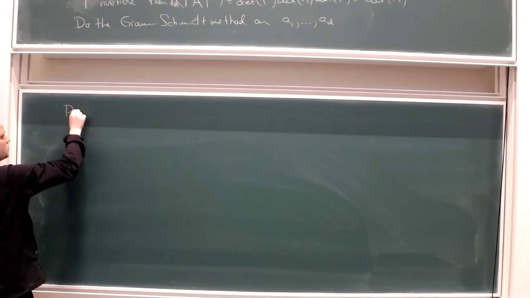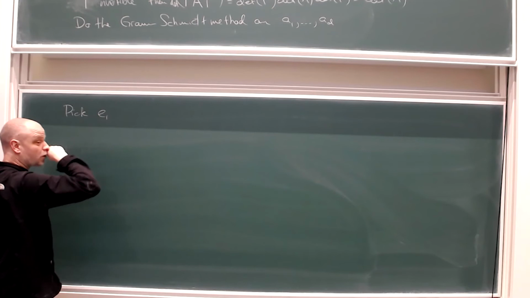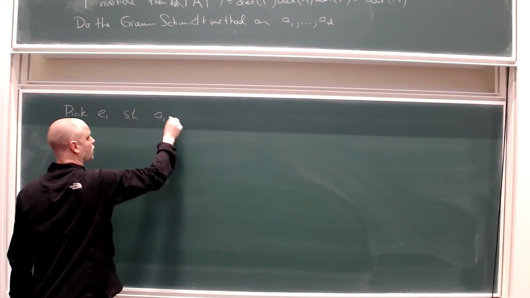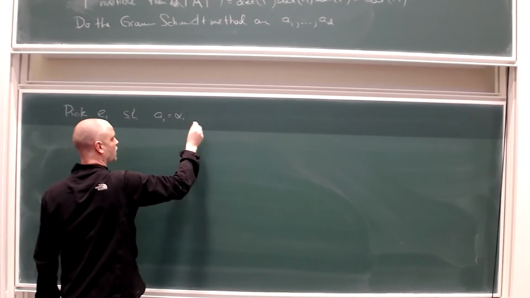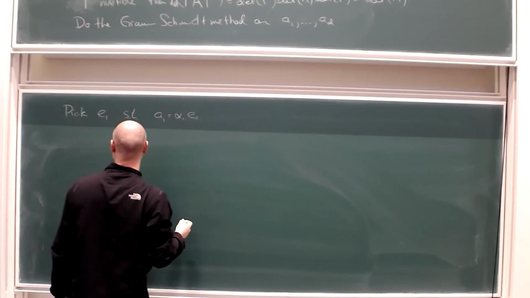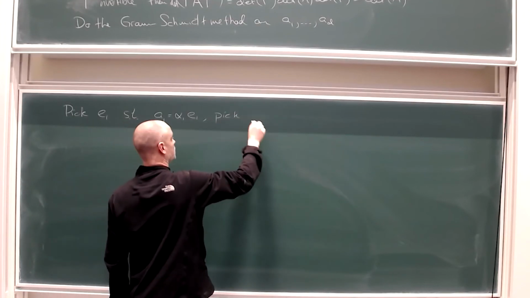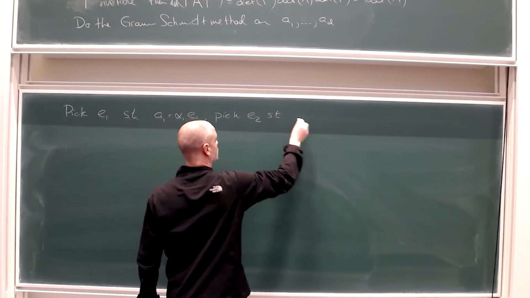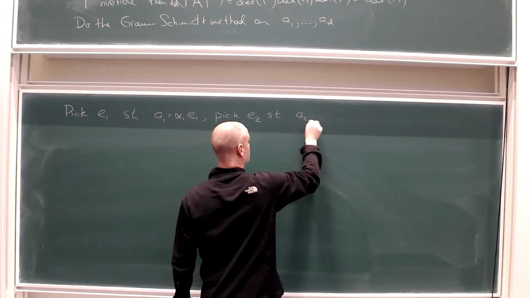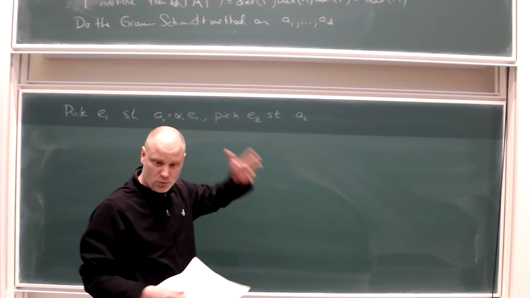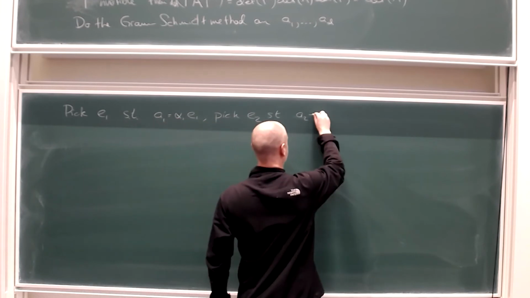So we take E1 of length 1 such that A1 is equal to some number alpha 1 times E1. And then we take E2 such that A2 is in the span of E1 and E2. E2 is perpendicular to E1. I'm not writing that up, but I need the following formula.